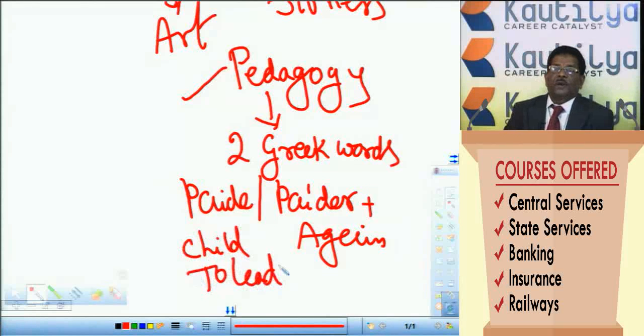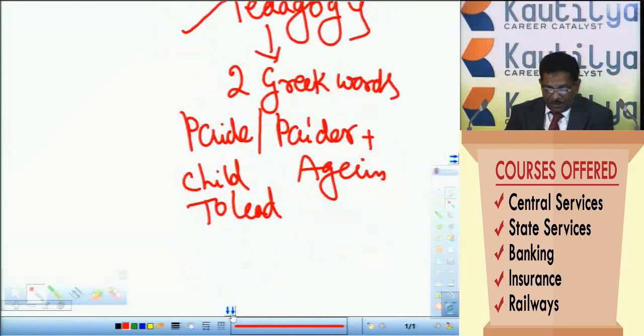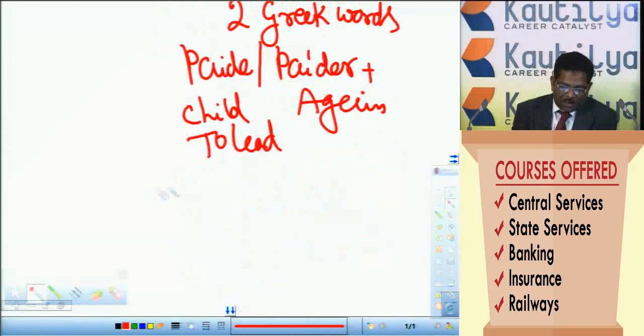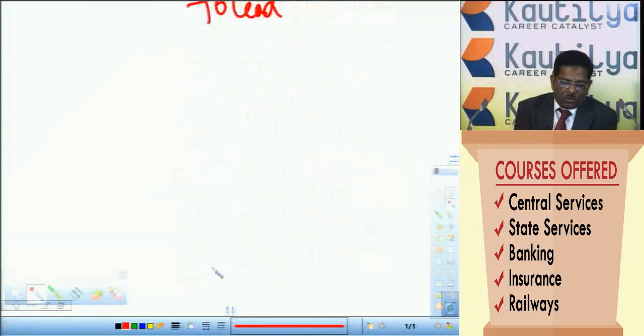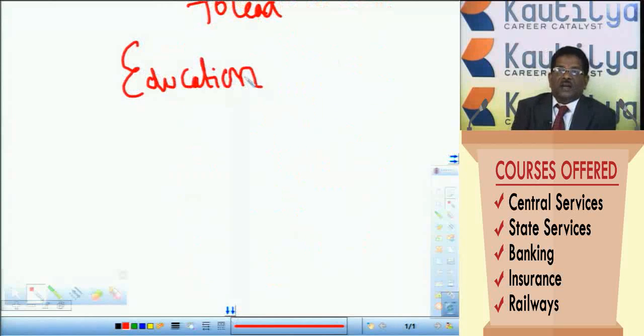In brief, pedagogy means to lead the child. How to lead the child? By providing education. So by providing education, we are supposed to lead the child.